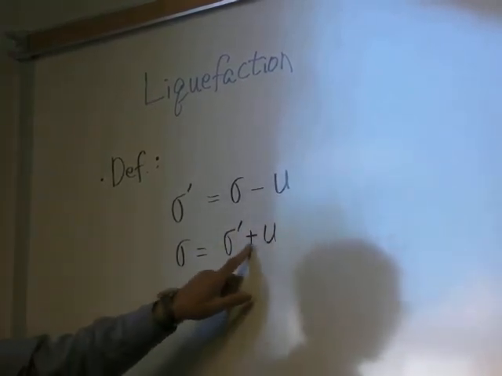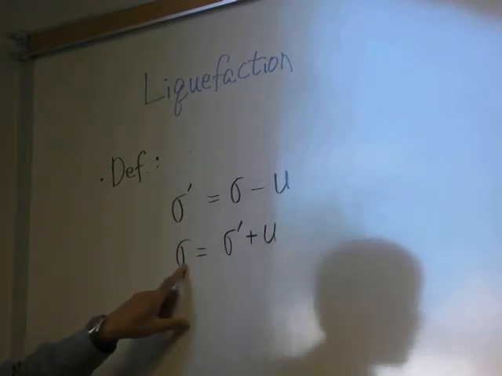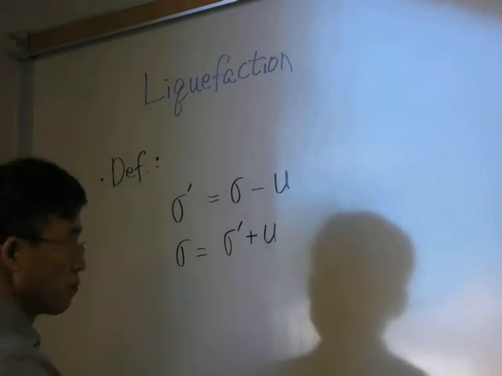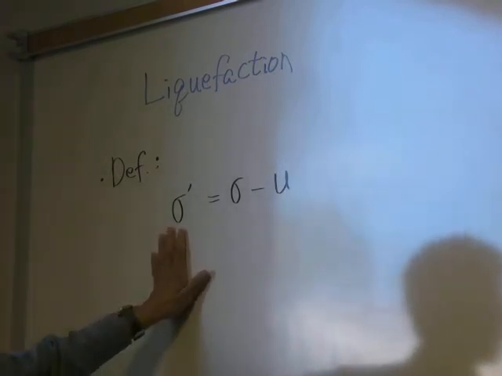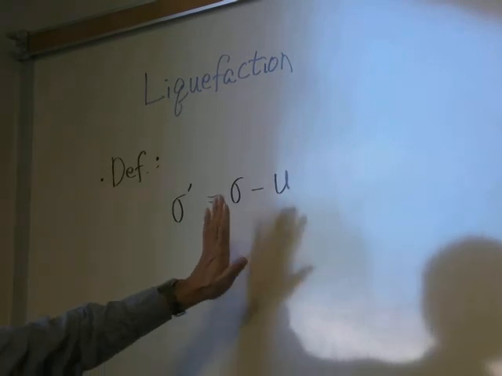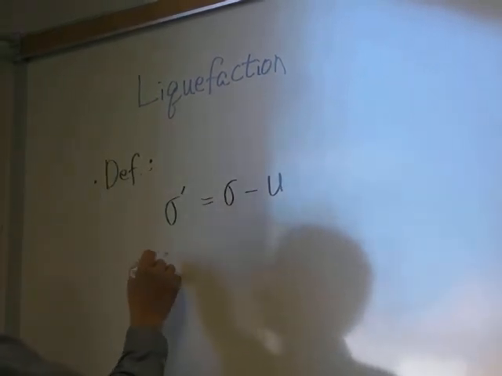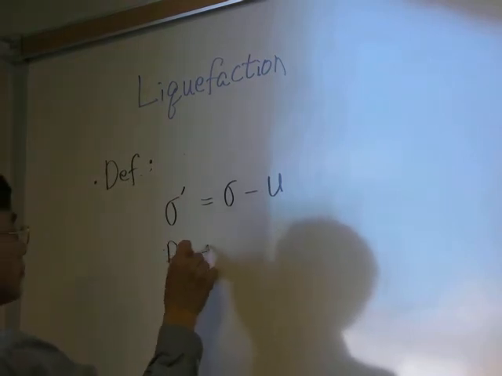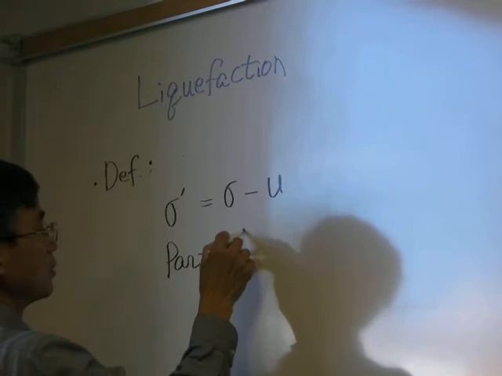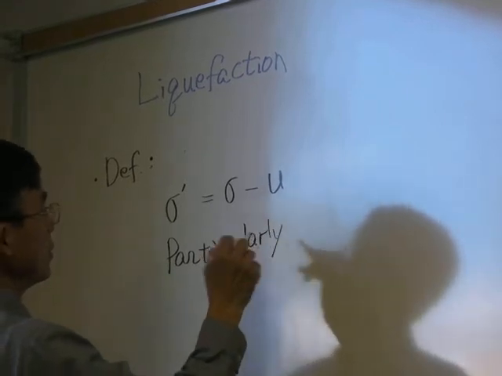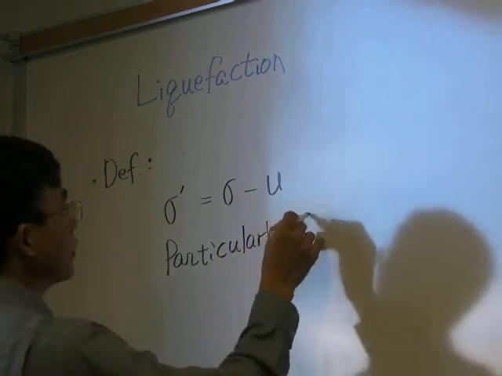This symbol is summation. That's the reason why we call it total stress. Okay. But we will use the first equation: effective stress is total stress minus pore pressure. Particularly for sand.